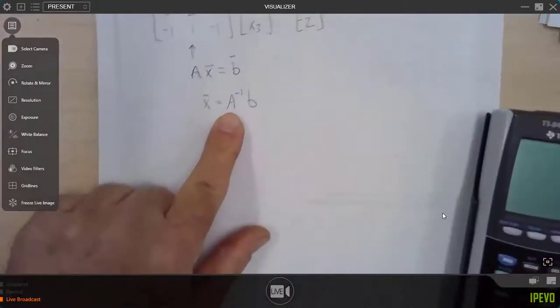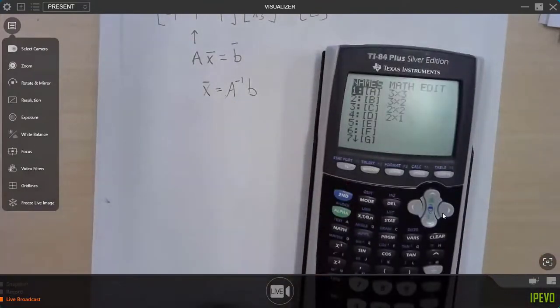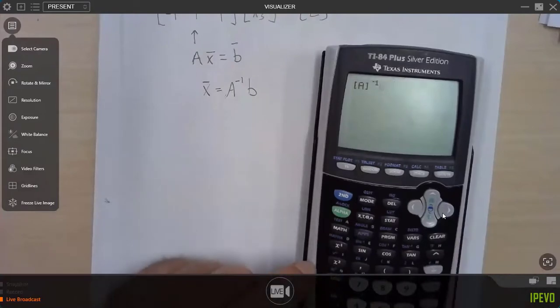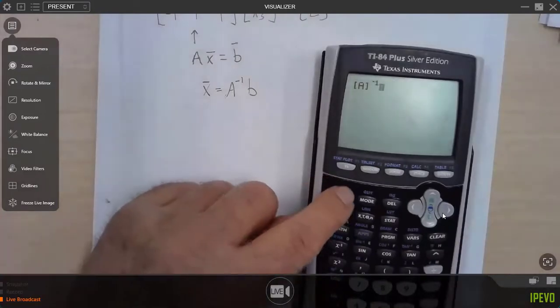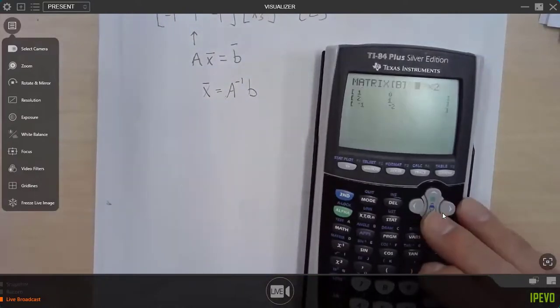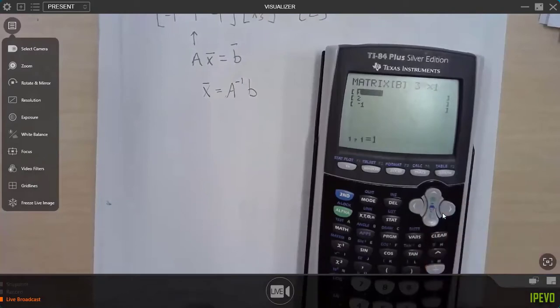What I want to do is compute A inverse B. So matrix A, take the inverse. Oh, I didn't enter my B yet. And that is 0, 3, minus 2.